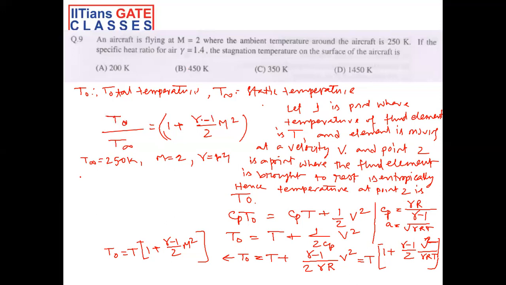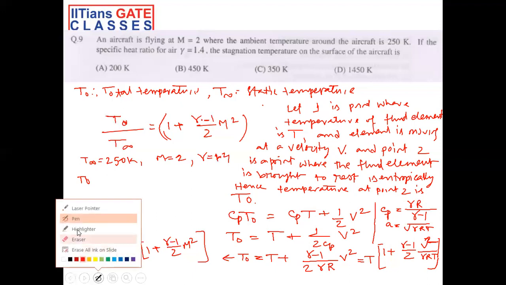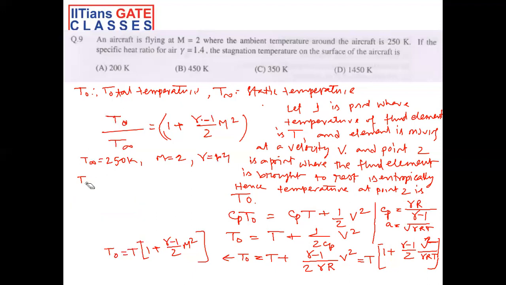So if we substitute all this relation in this equation, it becomes 250 into 1 plus 0.2 into 2 square, which is 4.